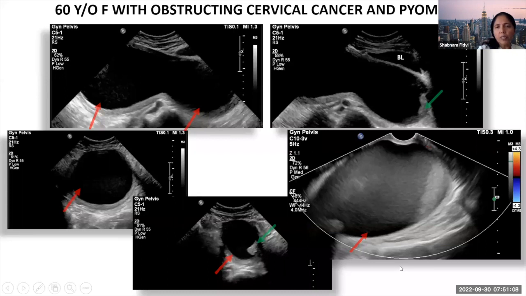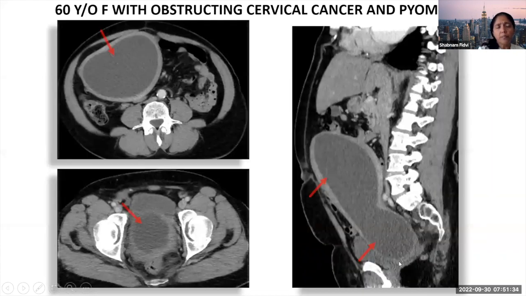The green arrow shows some solid appearing tissue at the level of the low uterine segment, which corresponds with the patient's cervical cancer. This is a transvaginal color Doppler image of the same patient, which basically shows the endometrial canal is distended with low level internal echoes consistent with debris. And this patient had pyometra as a consequence of her cervical stenosis.